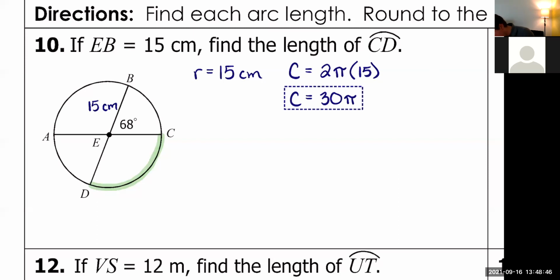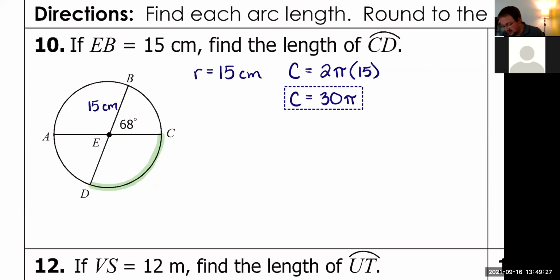The second thing that I need is X. X represented the degree measure of our arc. So I need to know how many degrees DC is. Well, if I could figure out its central angle, I would know the measure in degrees of the arc. How could I figure out this angle right here? I'll give you a clue.